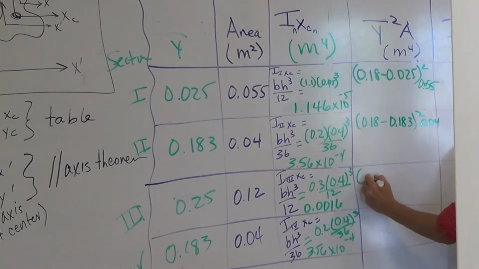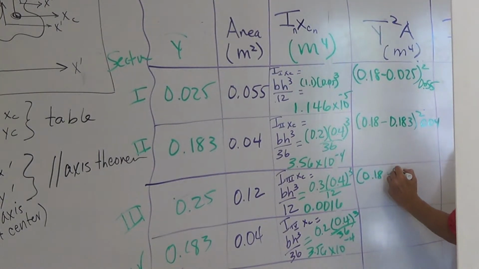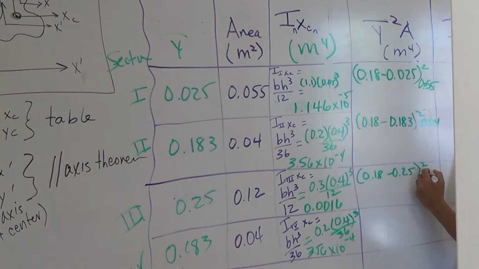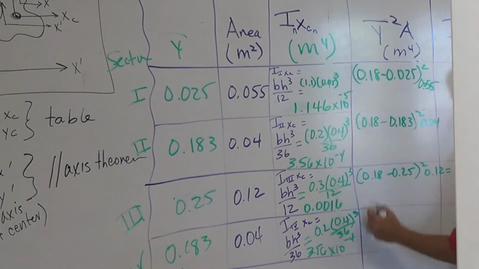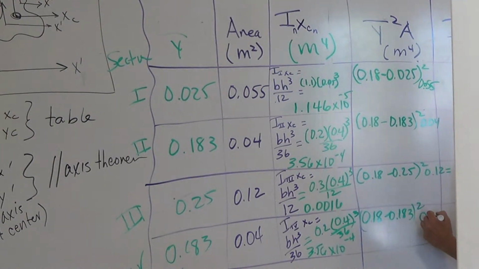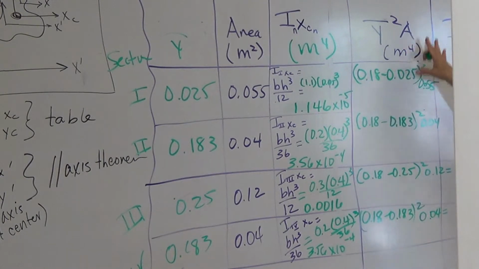Everybody see what I'm doing? 0.18 minus 0.25 squared, 0.01812 rather. And then this one's going to be the same as that one. I think this is better, making a column that has y bar squared times area on it.